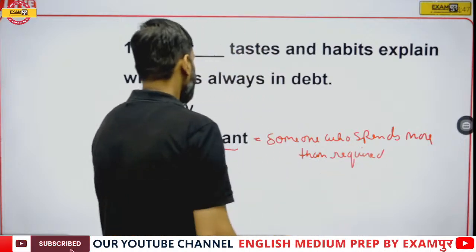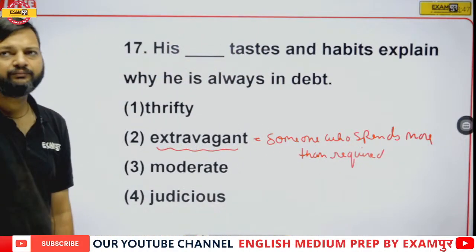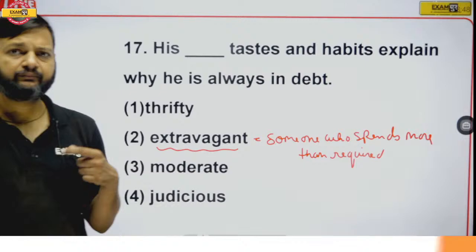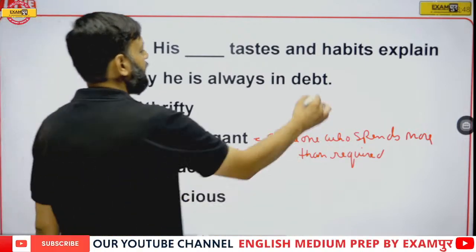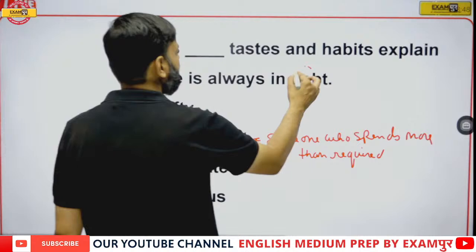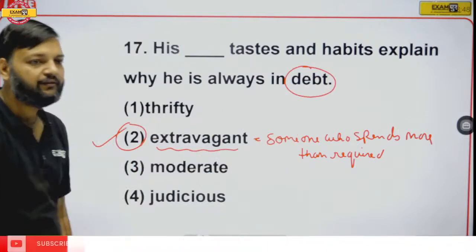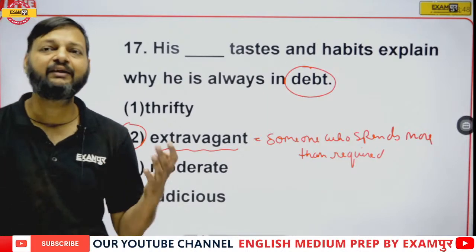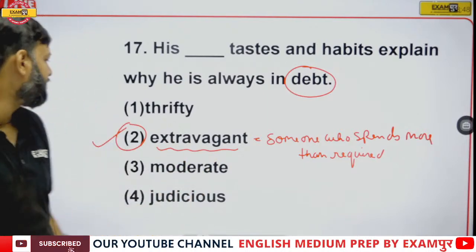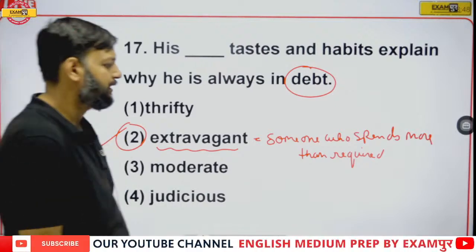Extravagant means someone who spends more than required. So if someone is in debt, it means he is extravagant. If someone spends unnecessarily, it means he is extravagant. So here extravagant would be the right answer.